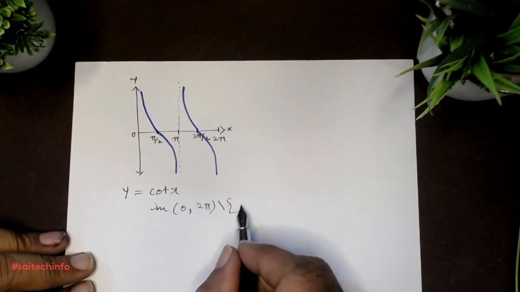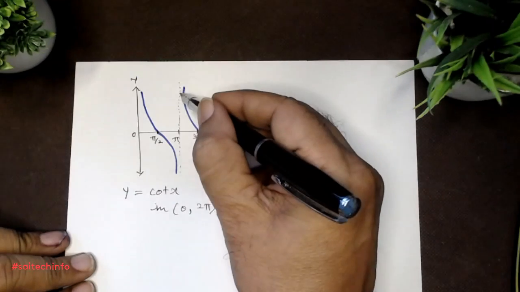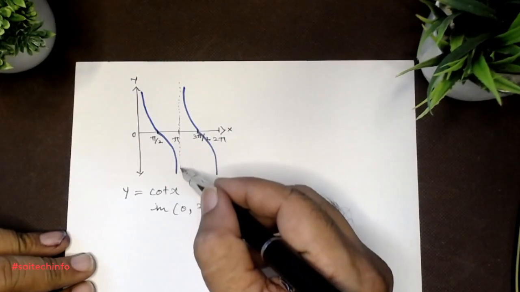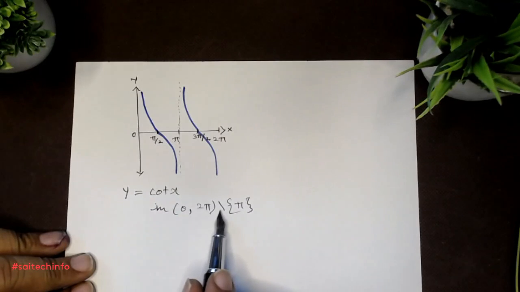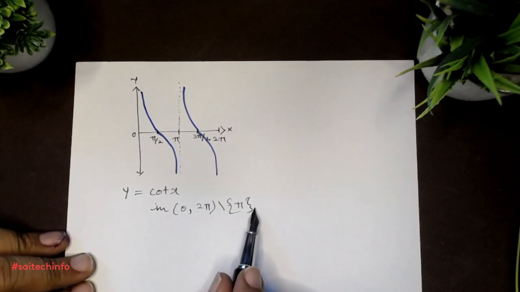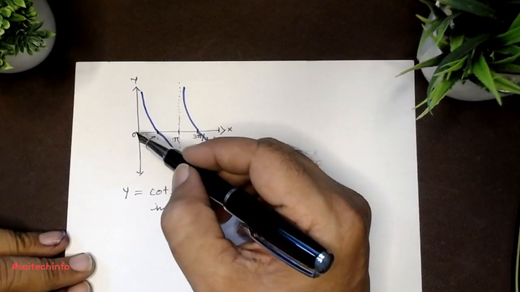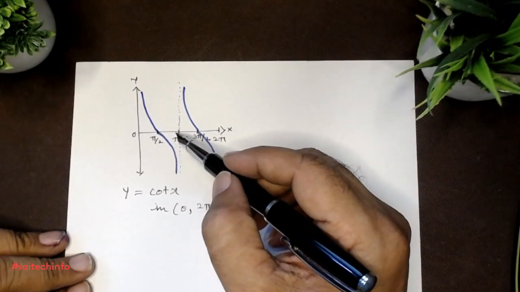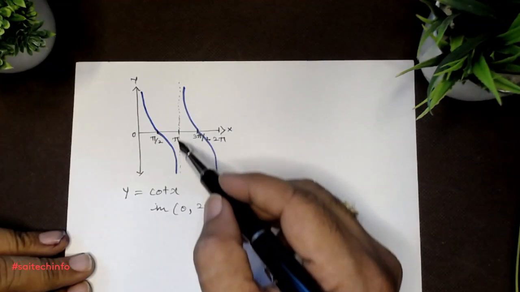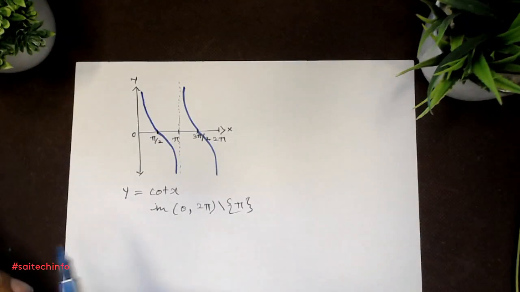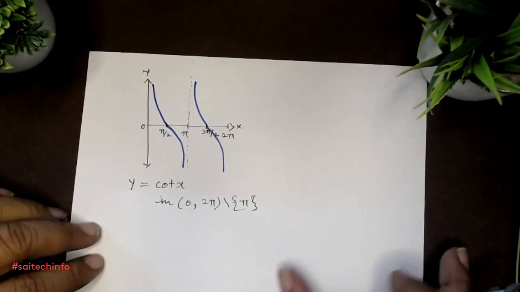You can observe there is no curve at pi. It is not intersecting pi, and that is why we have put excluding pi. Otherwise it covers 0 to 2 pi, excluding pi. Do you understand?